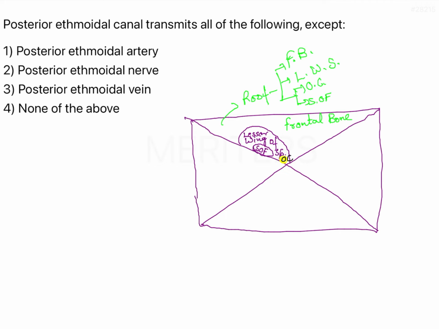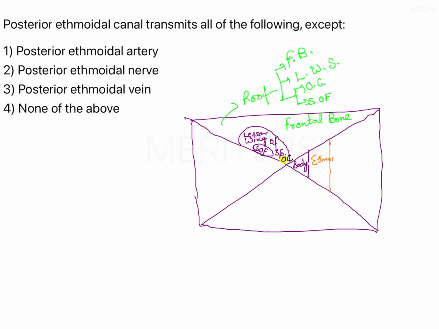Now we'll see the medial aspect, the medial wall, okay. To understand the medial wall, I'll again try to draw it schematically. First of all, you'll have the body of the sphenoid bone, okay. After that, there will be another bone, that is the ethmoid bone.